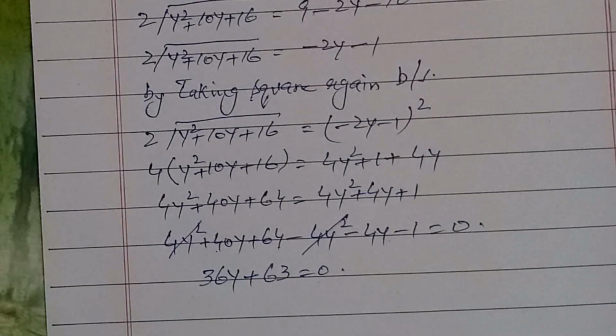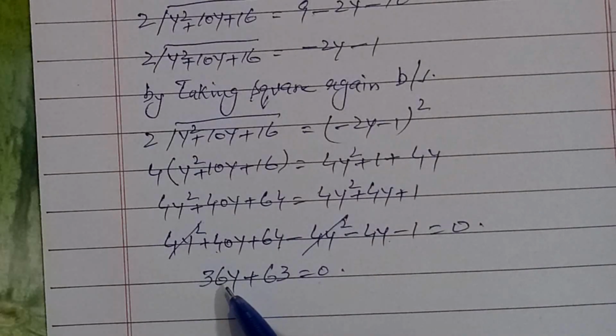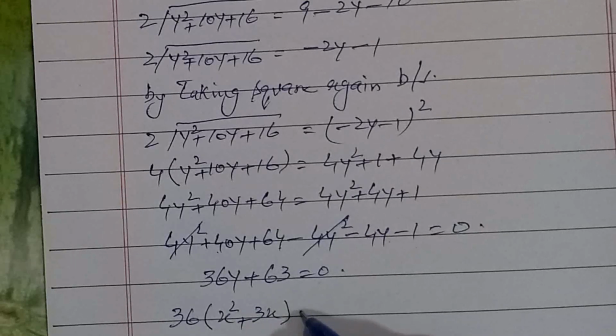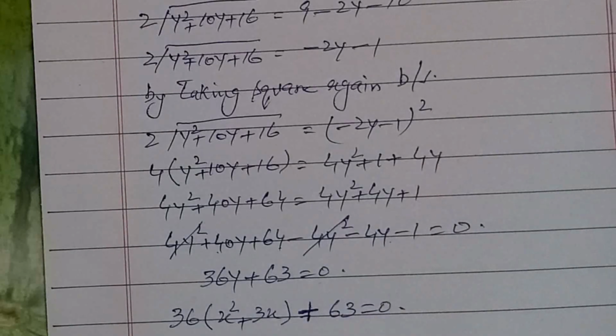Now by putting the value of y, which is x square plus 3x, we get 36 times x square plus 3x plus 63 is equal to 0.